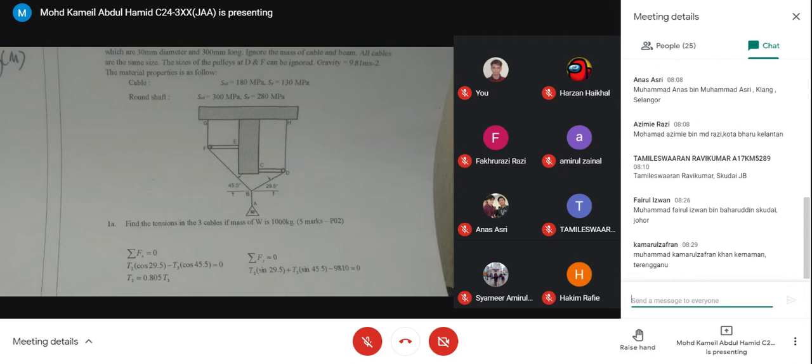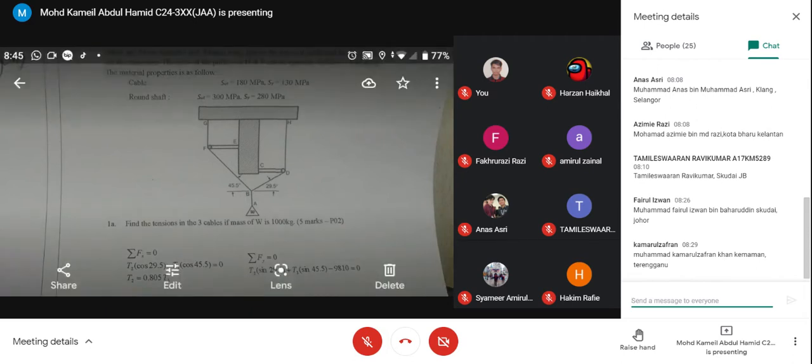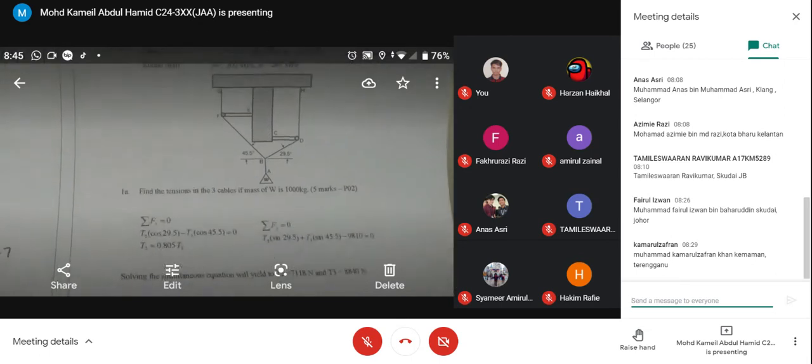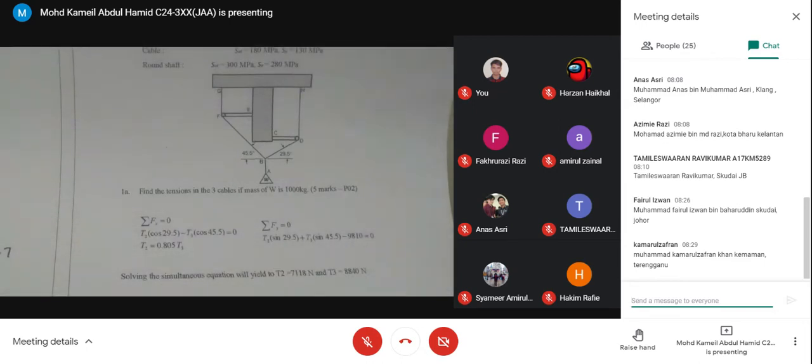Okay, question 1A, this is just a static problem. There are 3 cables, so refresh. Find the 3 cable tensions: summation of Fx equal to 0, summation of Fy equal to 0, should be able to solve for T1 and T2.